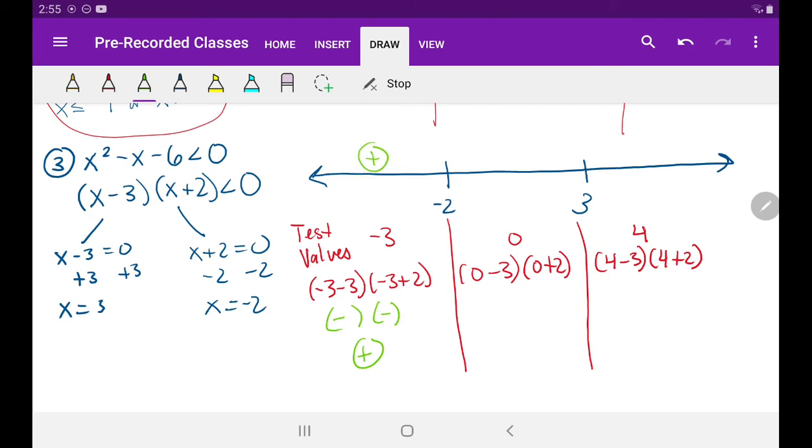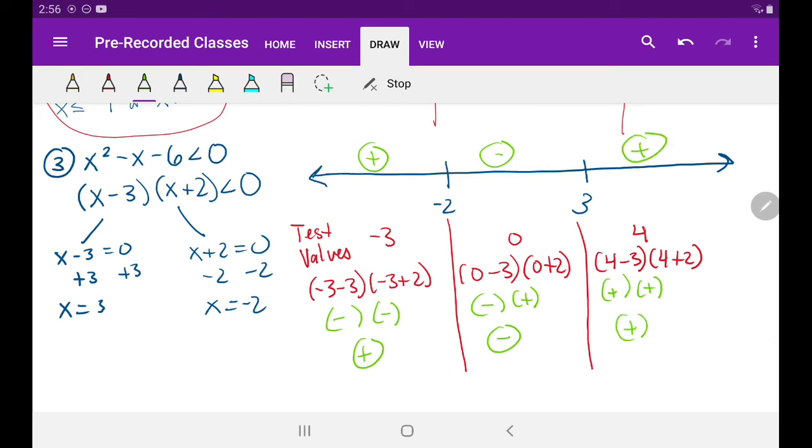So it's positive to the left of negative 2. 0 minus 3 is negative, 0 plus 2 is positive, and negative times positive is negative. So it'll be negative in the zone between negative 2 and 3. 4 minus 3 is positive, and 4 plus 2 is positive, so positive times positive is positive.